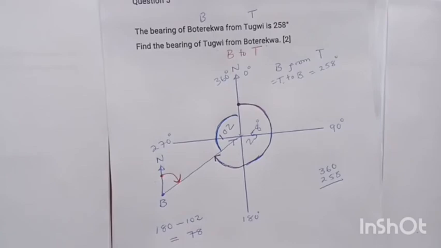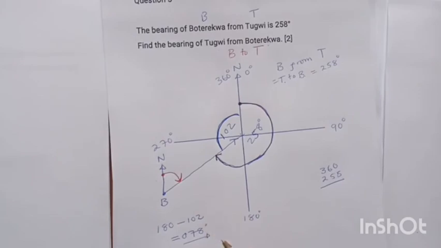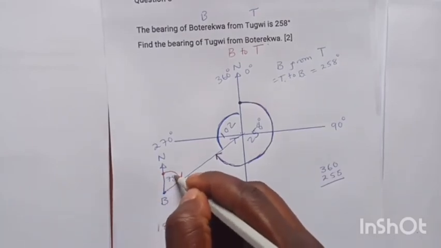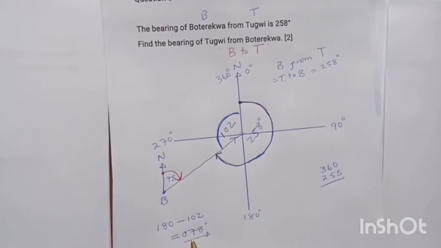Whenever you produce an answer with 2 digits, do not forget to place a 0. So your final answer is written as 078 degrees, so that it will have 1, 2, 3 digits for it to be called a 3-figure bearing. Right, so this is 78, but presented as 078 degrees as your final answer.